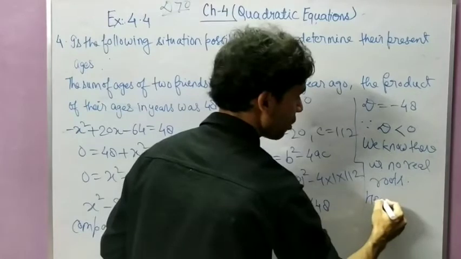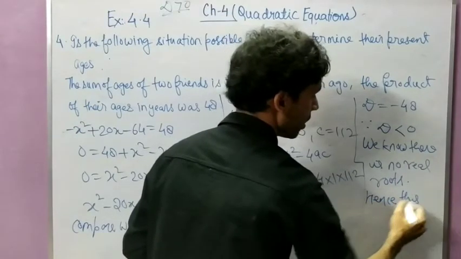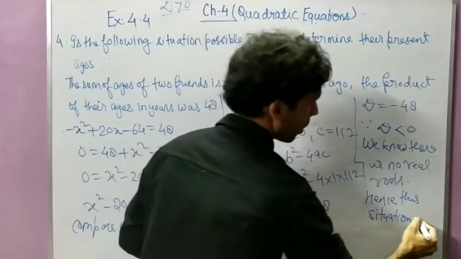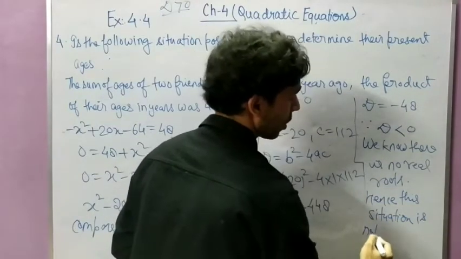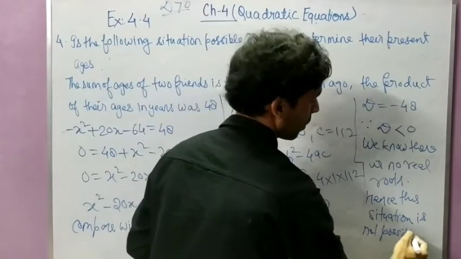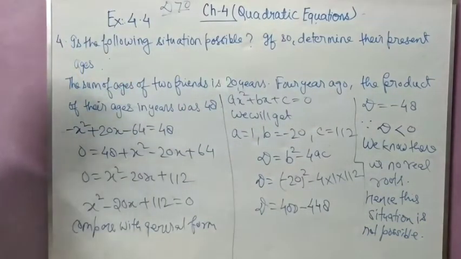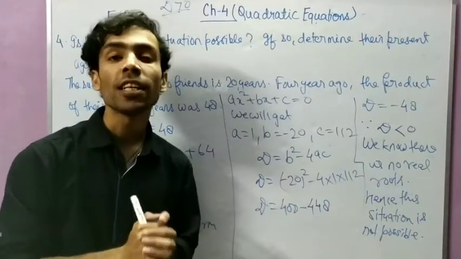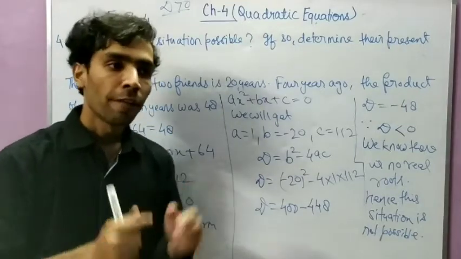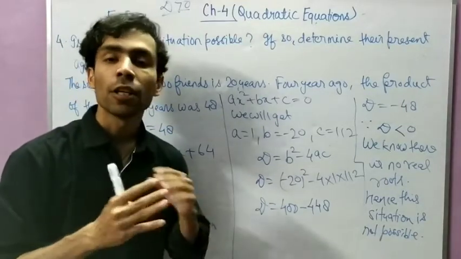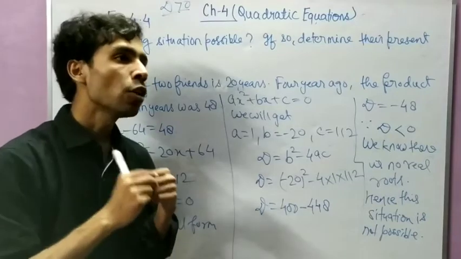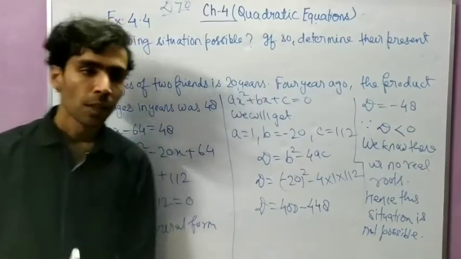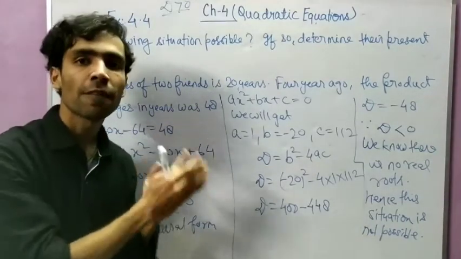Hence, because there is no real root, this situation is not possible. It is possible when d is greater than 0 or equal to 0. When d is negative, we will not get any real roots, so this situation will not be possible.